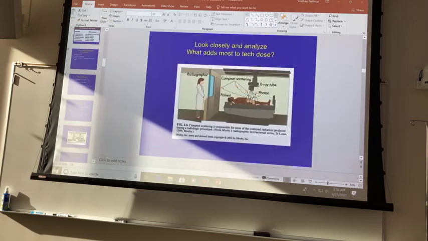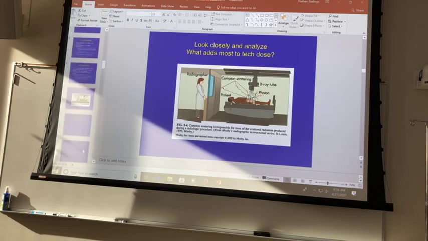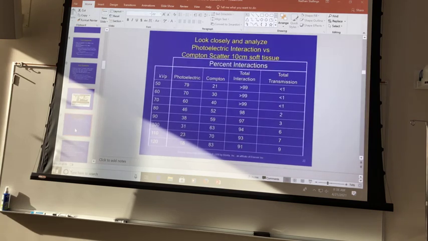So we took a look at the different interactions, and again, Compton is where your dose comes from. So anything that increases Compton increases your dose, providing you're in with the patient. If you're behind that glass, it is more effective at stopping scatter radiation than you might think it would be. So we took a look at the difference in photoelectric and Compton with different kVp levels, and what we came to was that as we increase kVp, we increase interactions all the way across the board, right?